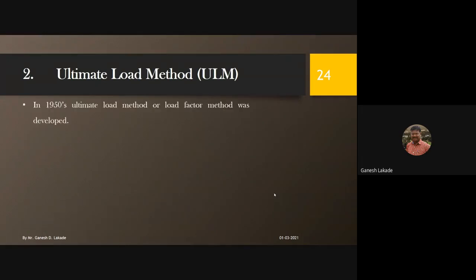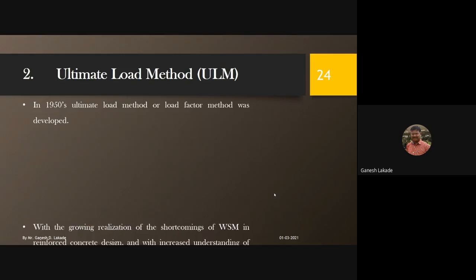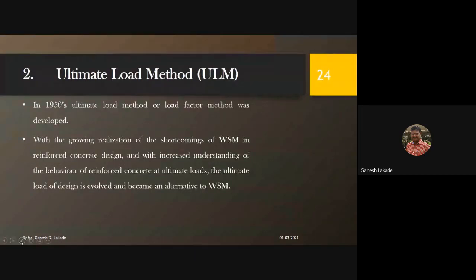This ultimate load method was developed in the 1950s, and it is also termed the load factor method. As per WSM, the working stress method, the relationship between stress and strain is assumed to be linear.